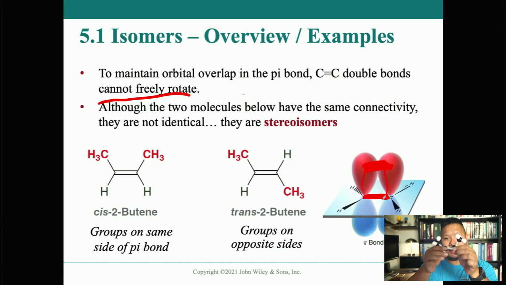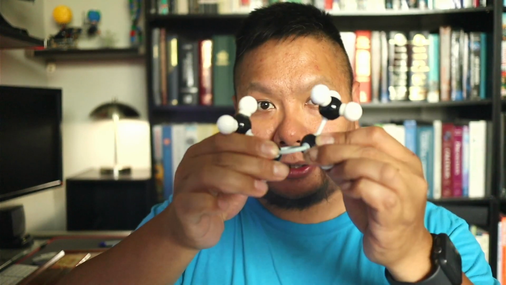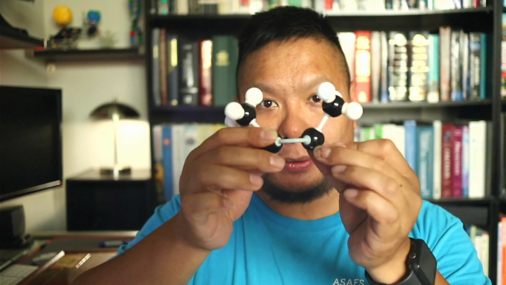And notice that in this cis-2-butene, these carbons don't rotate at all.